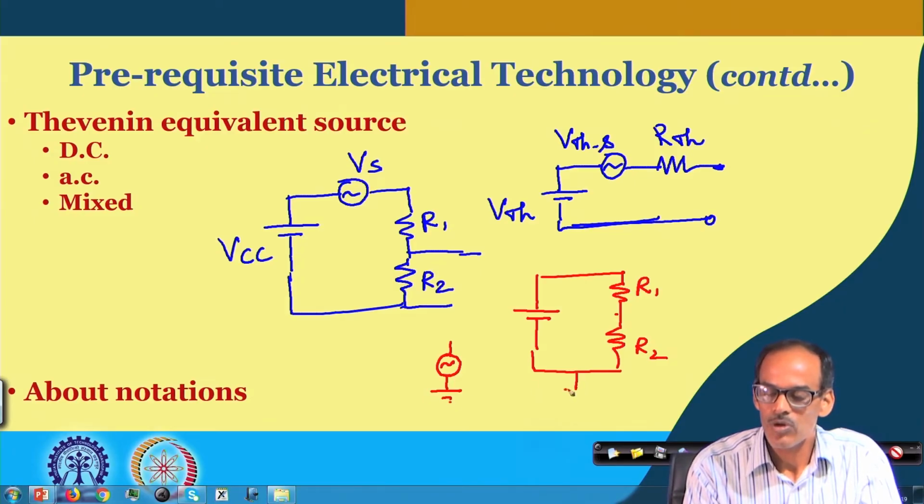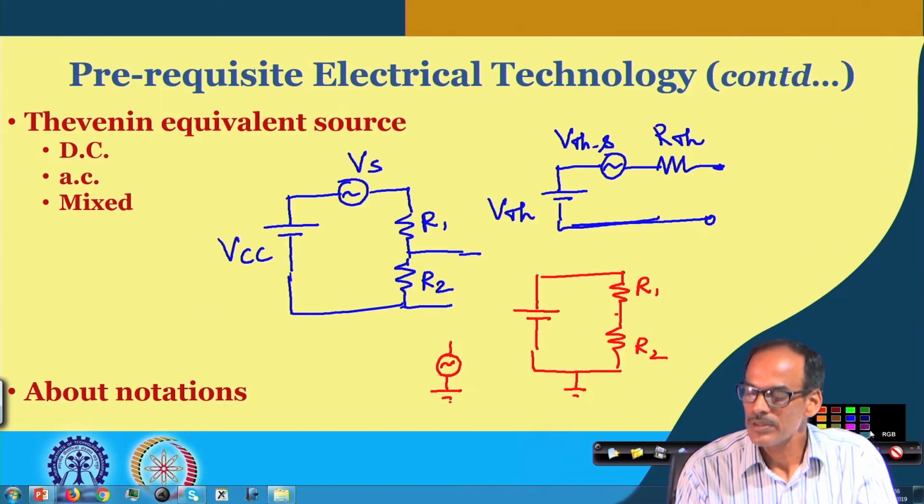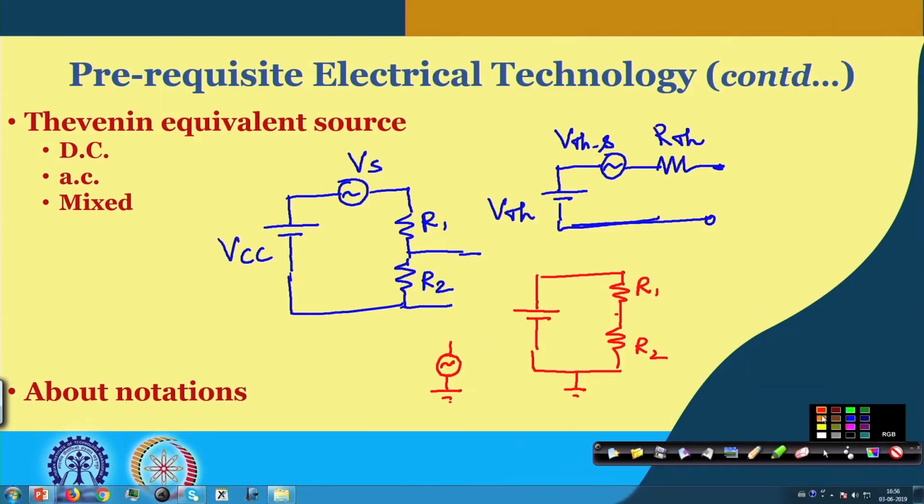This may be the same common node, but then the signal is coming through a different element. Suppose you do have some capacitor, okay, and let us assume that this capacitor is directly connected here to this node. So, then what may be the situation?